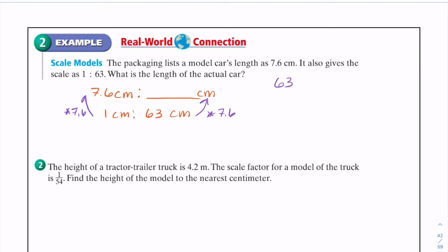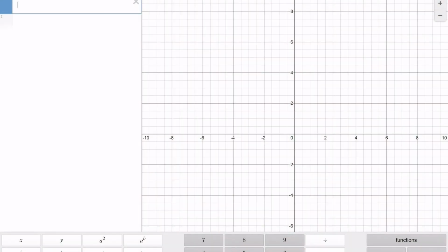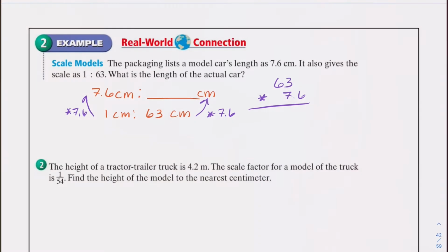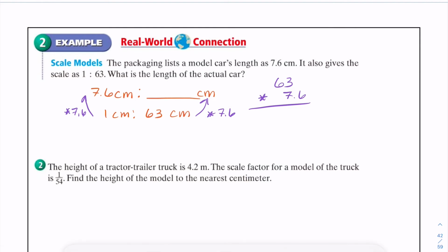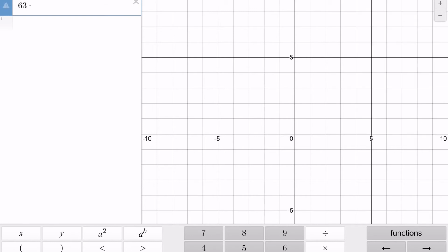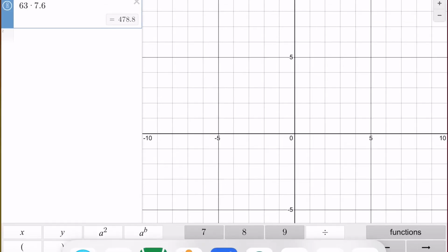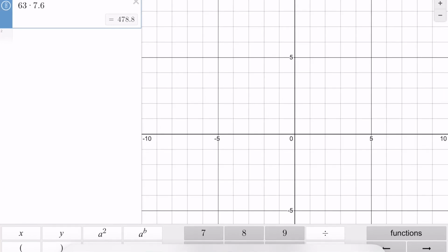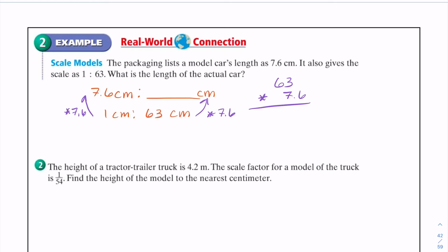So 63 times 7.6. We get 478.8 centimeters. So again, the packaging lists the model car's length as 7.6 centimeters, very small.